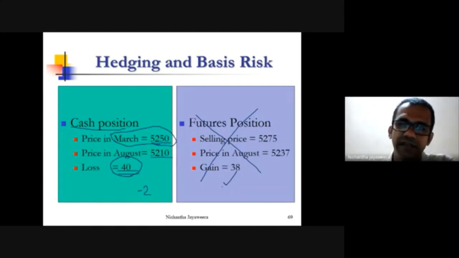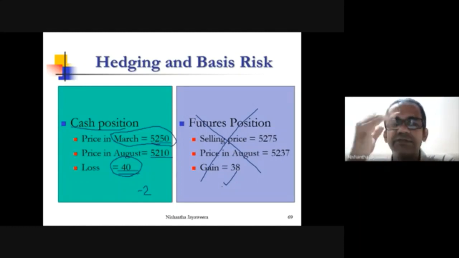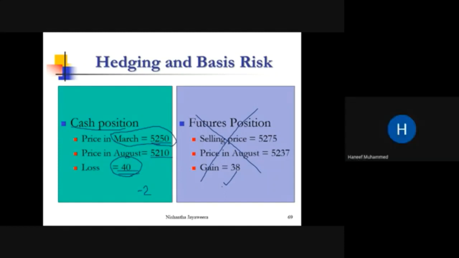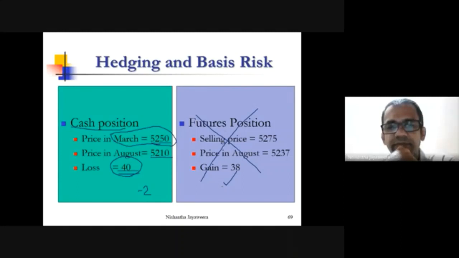Say you buy something paying 5,250. After 5 months, the price is 5,210. What is your loss? 40. But what you did, you bought this, and meantime you sold a futures contract.